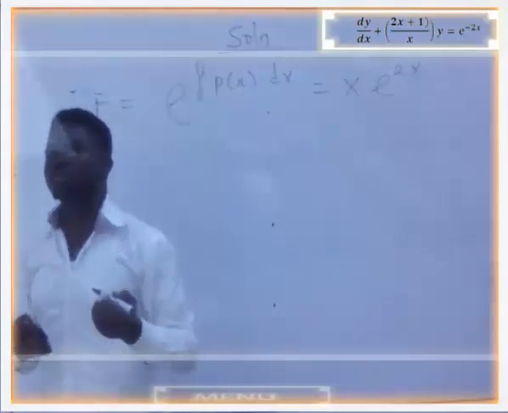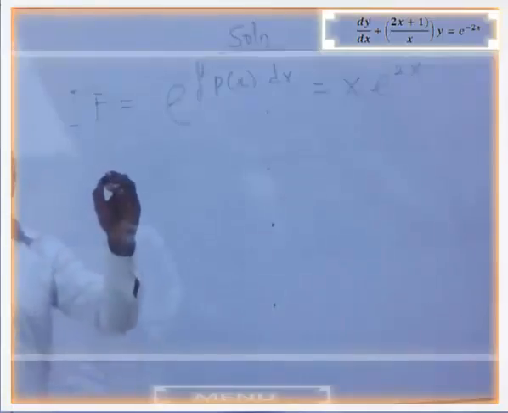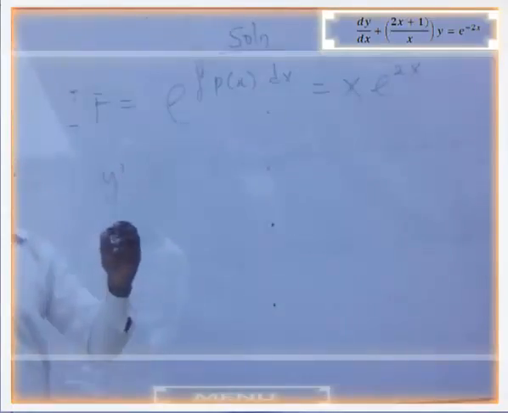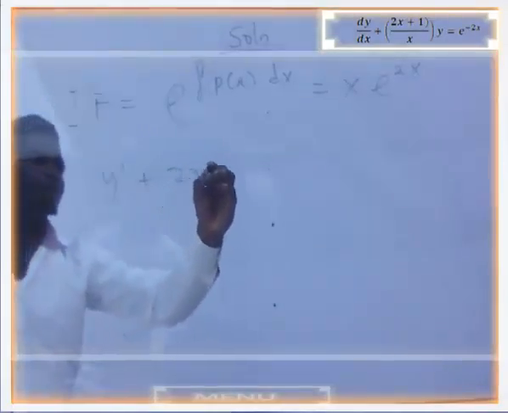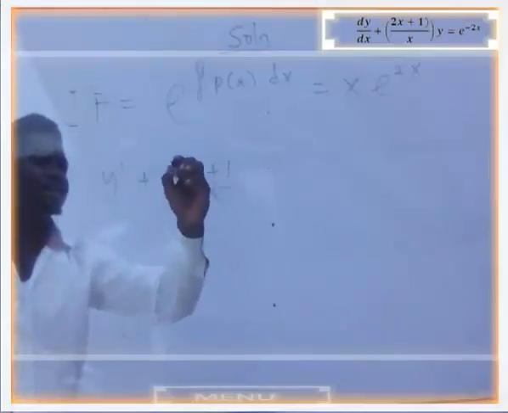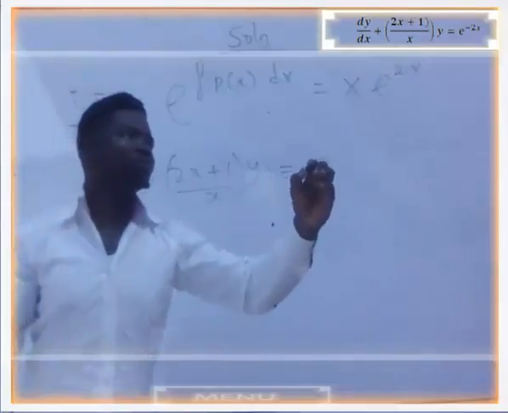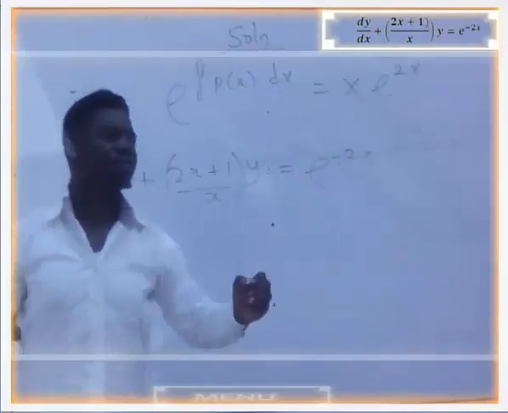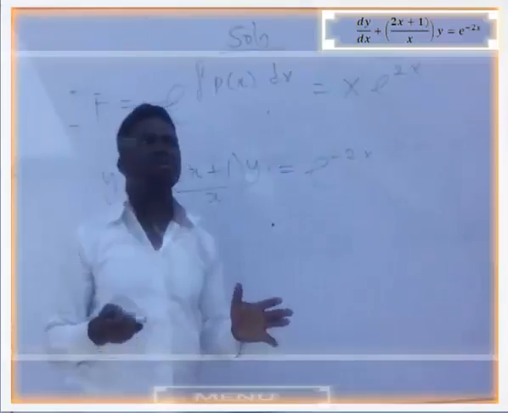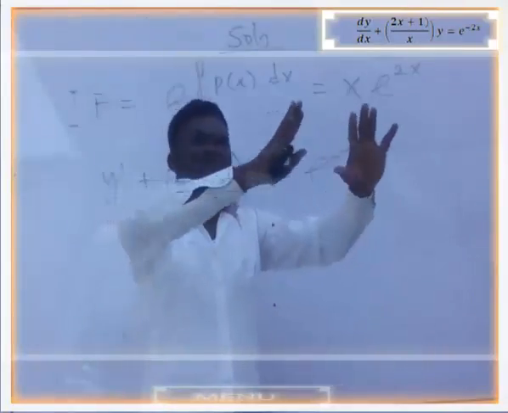So the question, which is y prime plus (2x plus 1) all over x multiplied by y equal to exponential negative 2x. I'm going to obey the first step now by multiplying both sides with my integration factor.